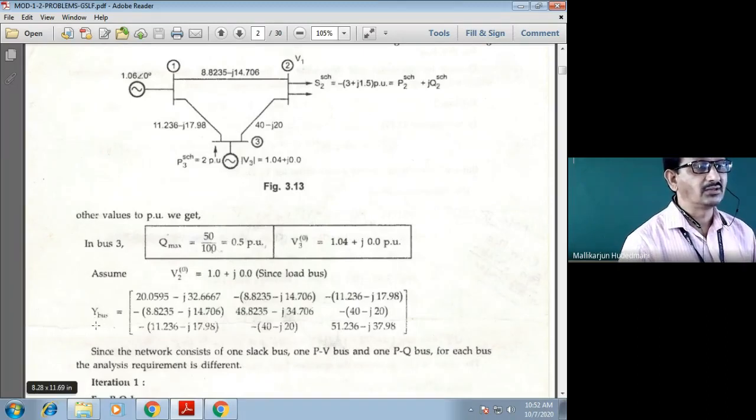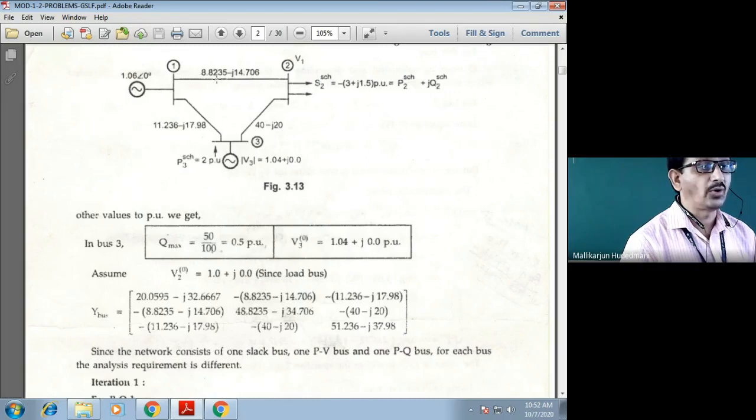So, Y bus is nothing but the system admittance matrix. From this observation, I have 3 buses in the system. So, Y bus shall be 3 cross 3 by visual inspection itself. If I go to Y11, the diagonal element of the Y bus, it is the sum of the admittances of the lines going from 1 to 2 and 1 to 3.